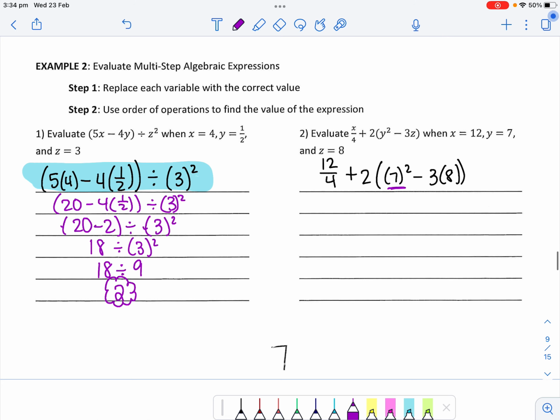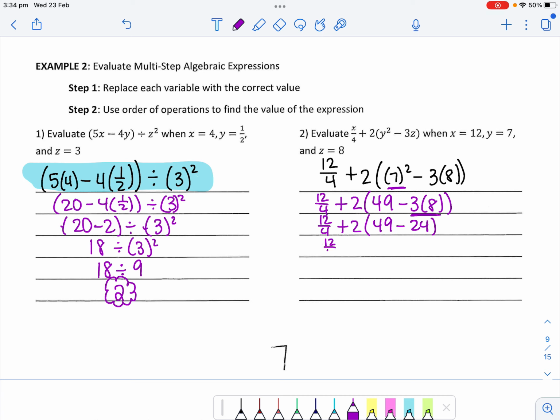So I'm going to do my exponent here first. So 12 over 4 plus 2 times 49 minus 3 times 8. And then inside my parentheses, I have multiplication. So 12 over 4 plus 2 times 49 minus 24.